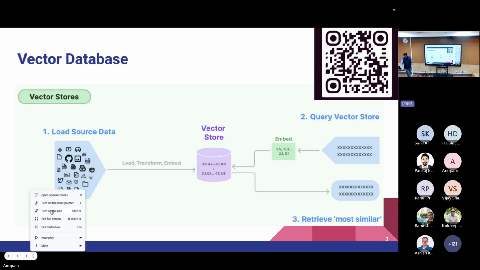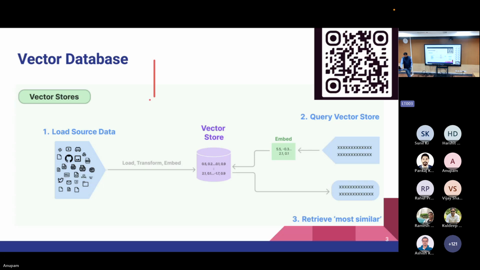I think I can draw it here itself. So say there are two vectors, v1 and v2. To measure if they are similar, you can measure the angle between them. If this theta is 0, then what does it mean?